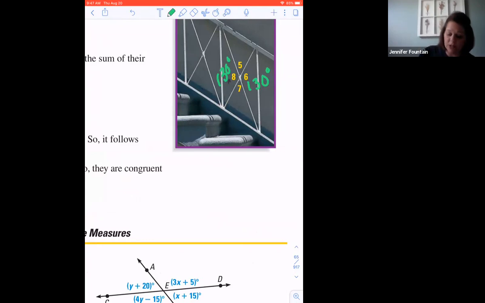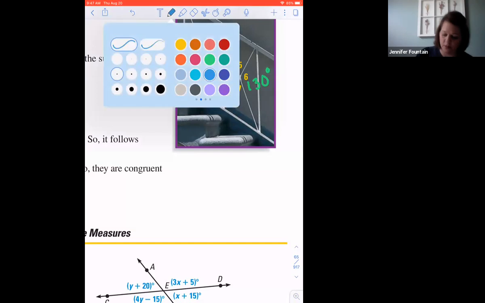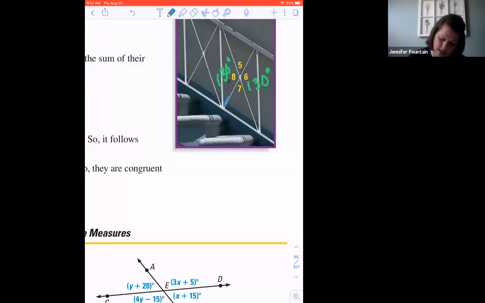Now remember, we just talked about how a straight line, actually let me pick a different color. We said a straight line is 180 degrees. So if angle 8 is 130 degrees, how can I find the measure of angle 5? I'm going to take my total of 180 degrees and subtract 130 degrees.